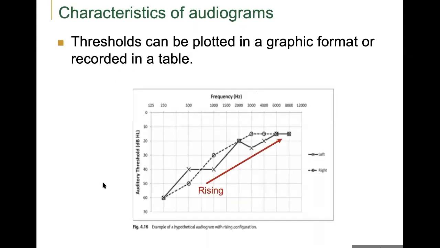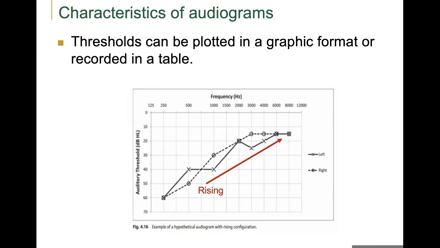We also have the rising audiogram. You might see this in an instance, well, not this dramatic, but you might see this in an instance if you saw a child that was having some kind of middle ear conductive issue going on. It's going to impact the lower frequencies much more than it will impact the higher frequencies.